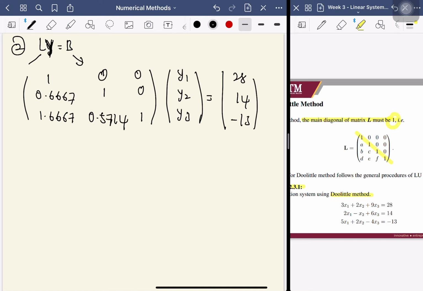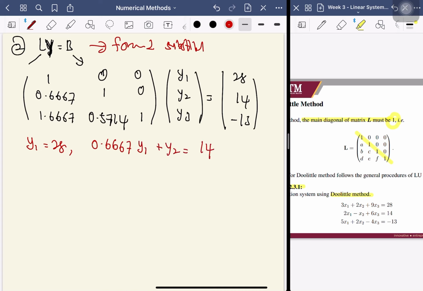We will use forward substitution. Forward substitution means that we find the value of y1 first instead of y3, unlike in backward substitution. From here, y1 is equal to 28. For y2, we have 0.667 y1 plus y2 equal to 14, so y2 is negative 4.6676.